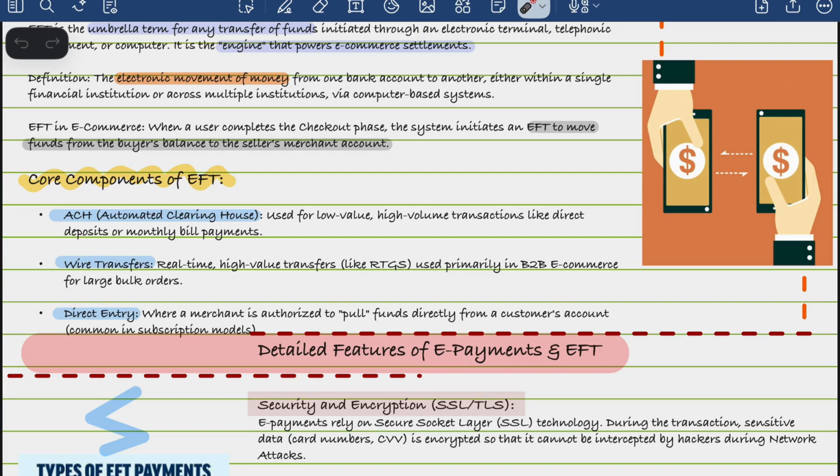This is the pull authorization, like we give to Netflix on a monthly cycle. So whenever that date of a month's completion comes, Netflix automatically pulls the specific amount of money through a bank, right? So this is how direct entry works.